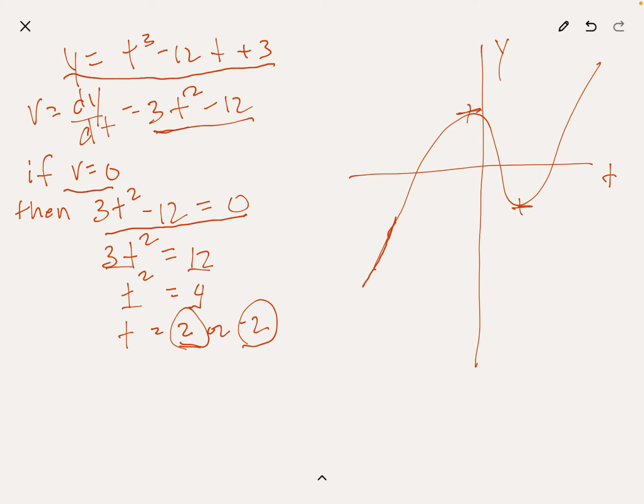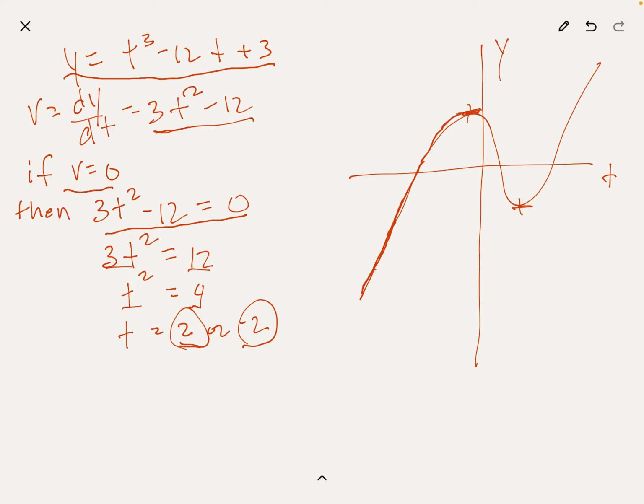Remember, the particle is moving just on a vertical line, but we're not drawing the particle going through space here. We're drawing a graph of y as a function of time. So here, y is going straight up, getting higher and higher.